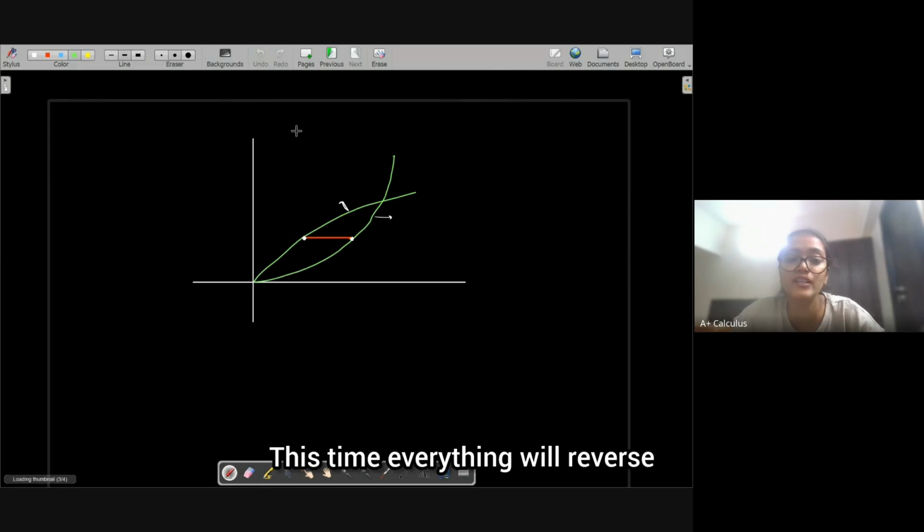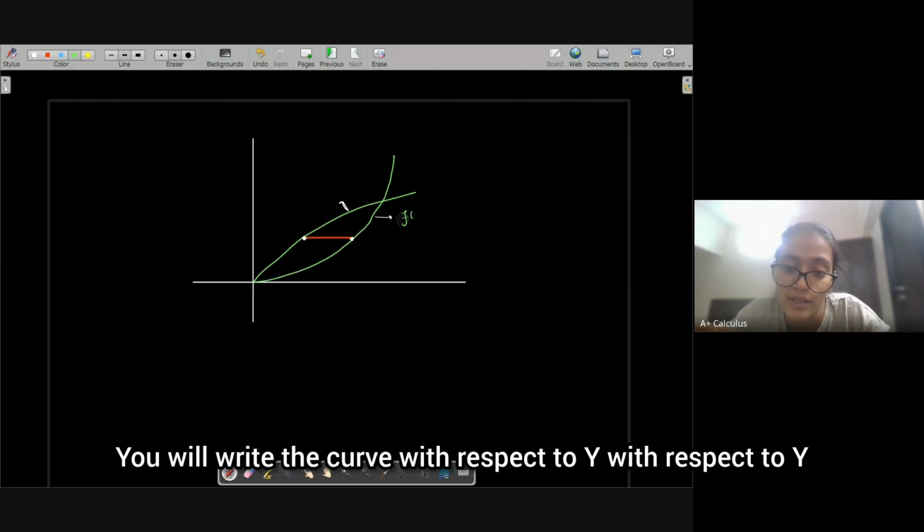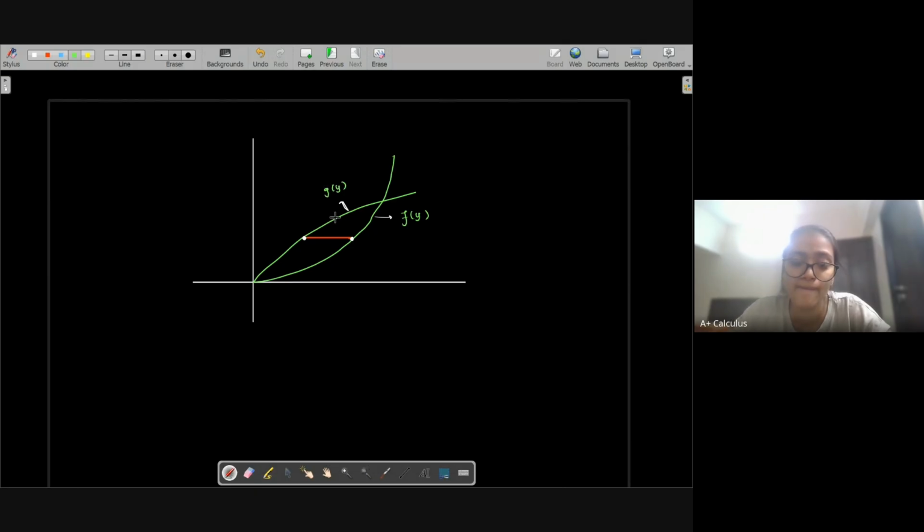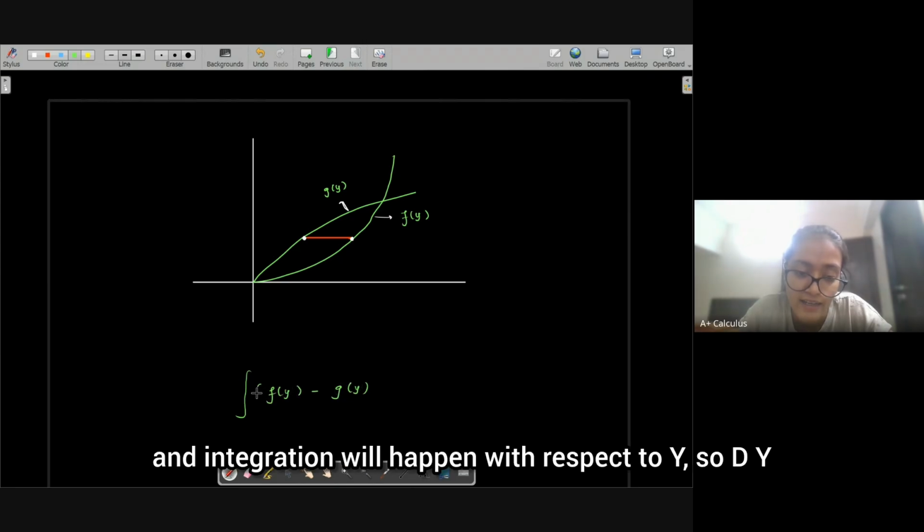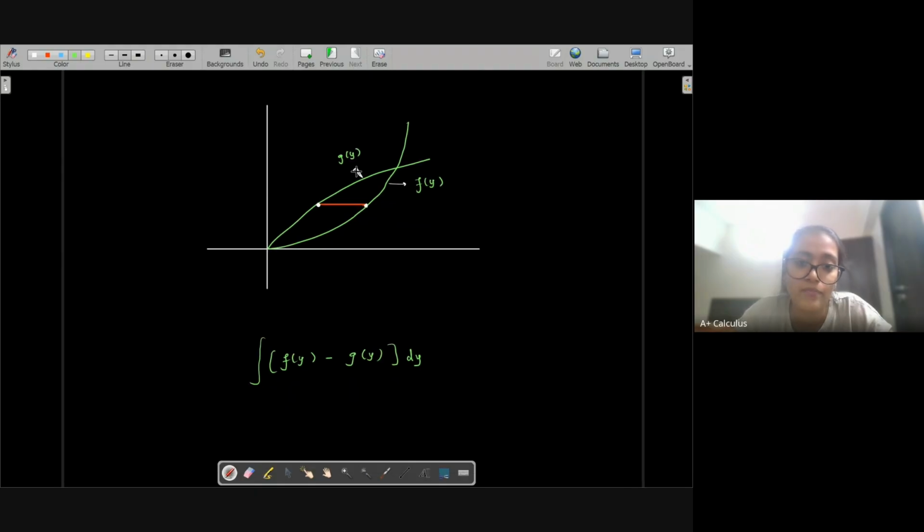This time, everything will reverse. You will write the curve with respect to y. So you will do f of y minus g of y, and integration will happen with respect to y, so dy.